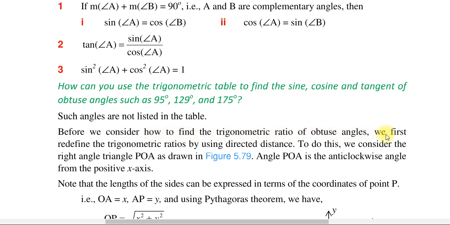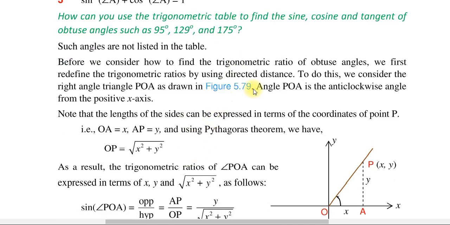Before we consider how to find the trigonometric ratio of those angles, we first redefine the trigonometric ratio by using directed distance. To do this we consider the right angle triangle POA as drawn in figure 5.79.